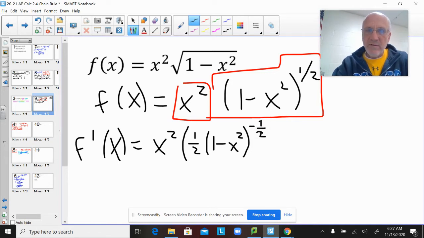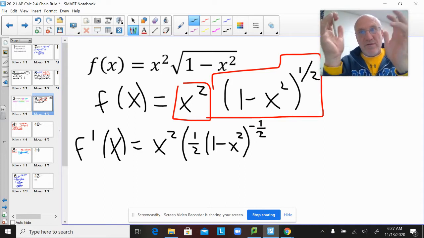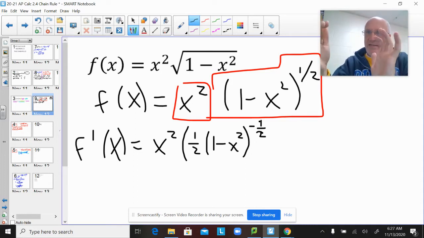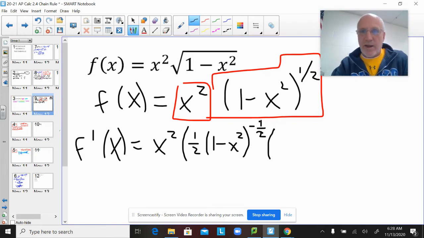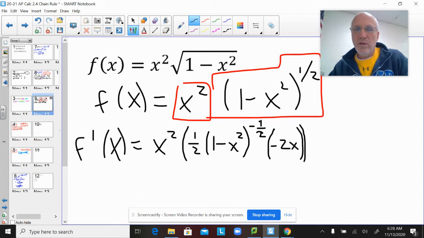So I'm still doing the derivative of the second. So it's 1/2 times 1 minus x squared to the negative 1/2. And then the chain rule says times the derivative of the inside. The derivative of 1 minus x squared is negative 2x. Need another parentheses, I guess. I would argue that what I've done so far is still only the first half of the product rule.